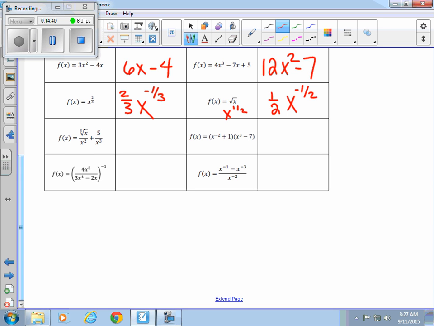There's division in it, which is not the rule I know. What could I do?